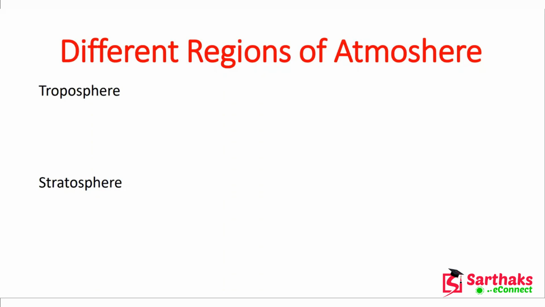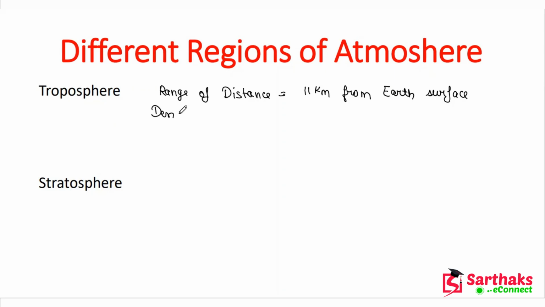In the troposphere, the range of distance is about 11 kilometers from the Earth's surface, and the density of air is highest. And what is the importance of the troposphere?